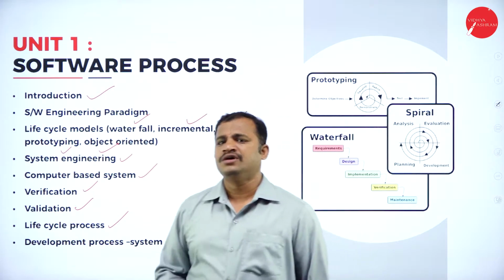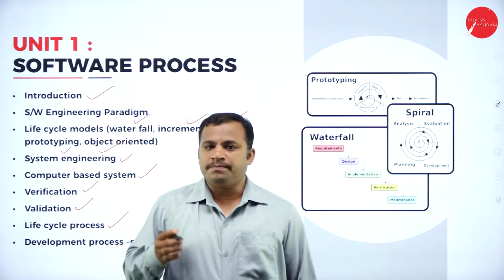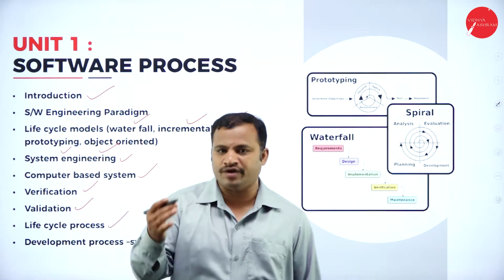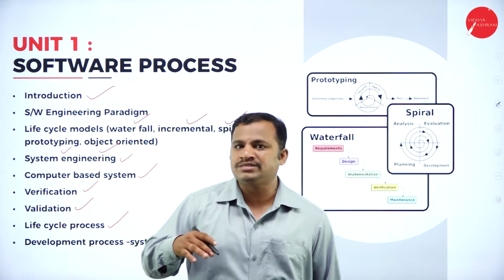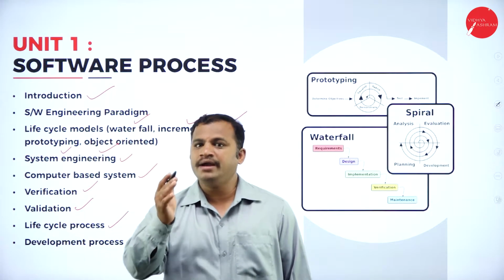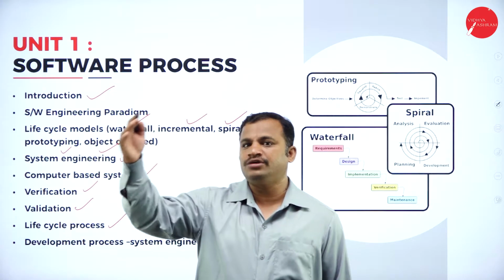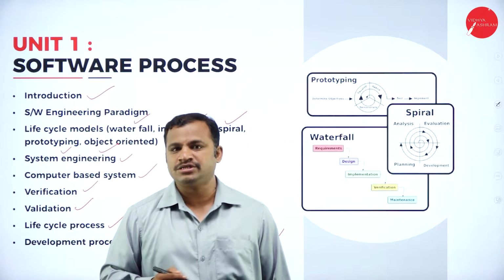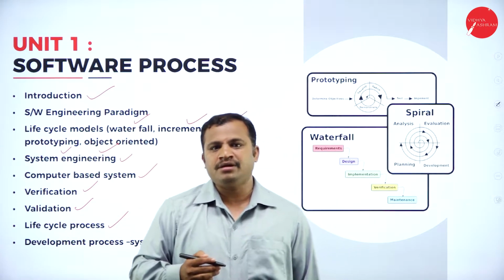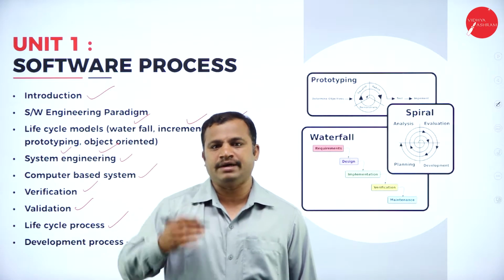What is the meaning of a software process? The process is said to be a development of software if it takes certain measures to build the required software product which needs to be delivered to the client. That means when a client approaches the developer, he has to go through a few phases of software development.